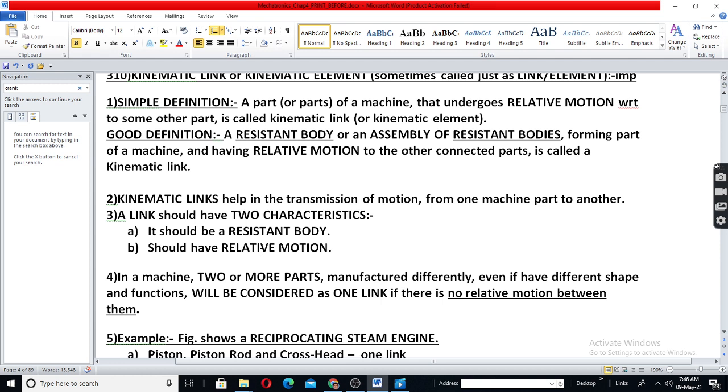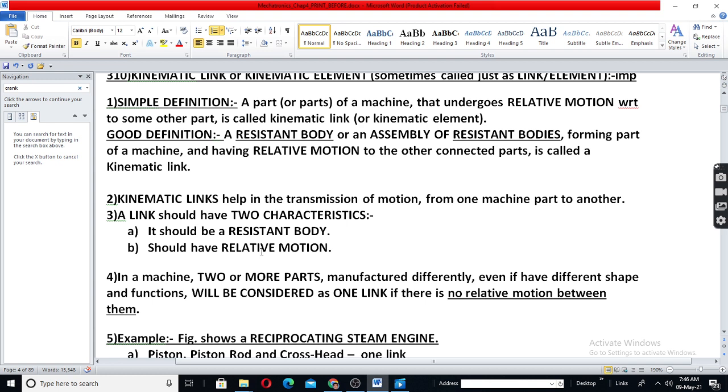For example, in a DC machine, the shaft, armature core, winding and brush are considered as one link. The end cap and the bearing are considered as another link because the bearing is fixed with the end cap.